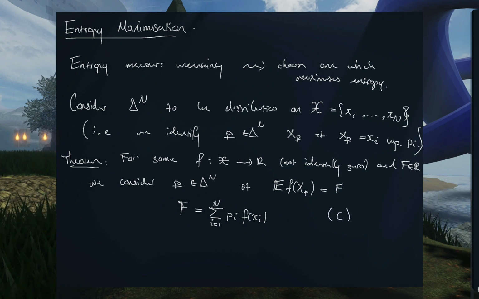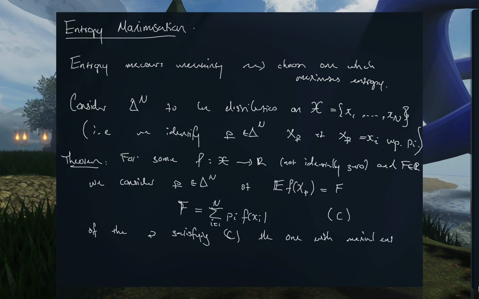And we're going to label this equation C. Of the P satisfying C, the one with maximal entropy is given as follows.